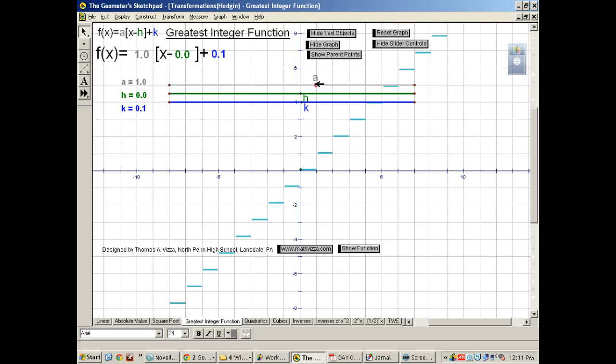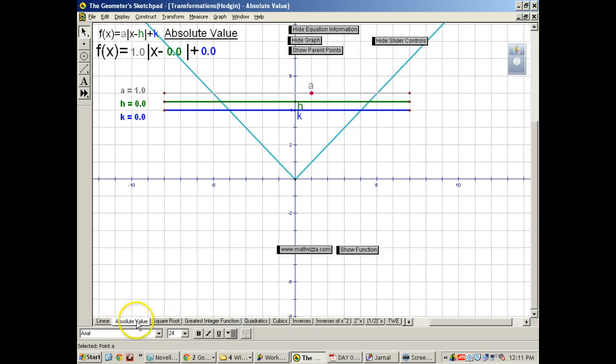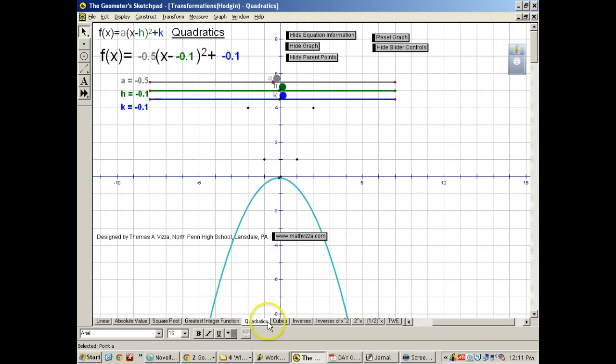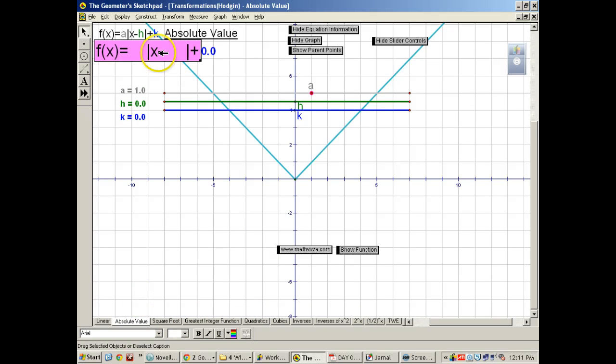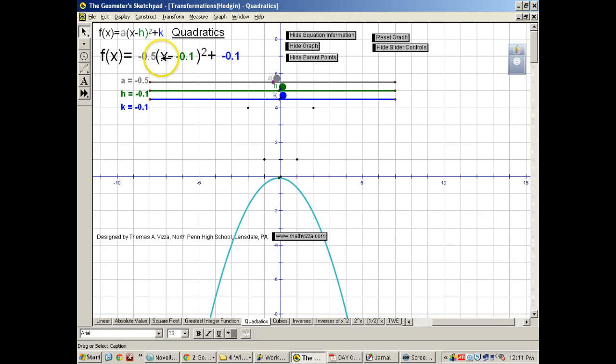So all these all together, absolute value, quadratics, cubics, greatest integer step function. Hopefully you can see that, well, if we know how to write this equation the same way, basically, one might have parentheses, one might have absolute value, or one might be a step function, but the same numbers in the same location do the exact same thing to every graph.